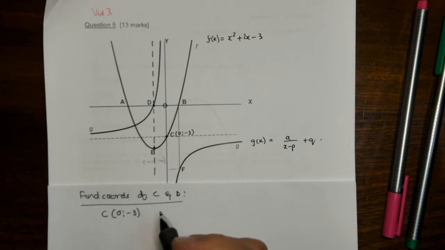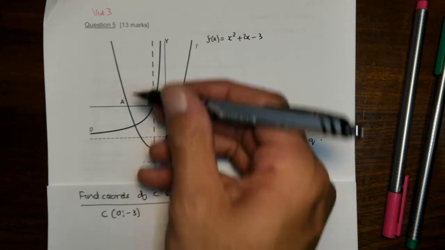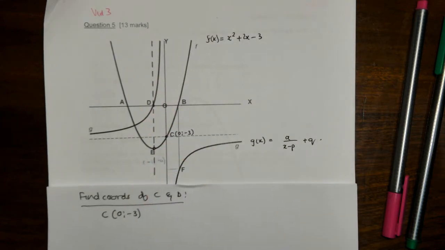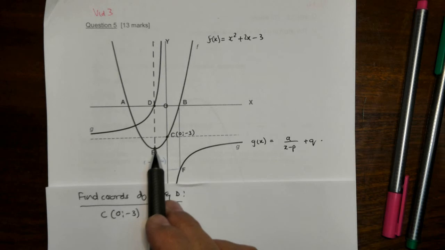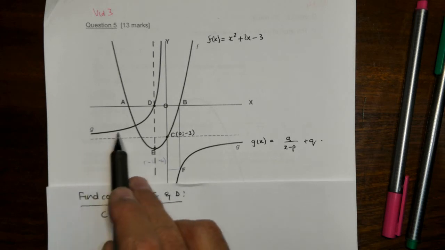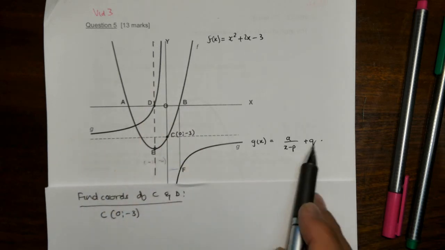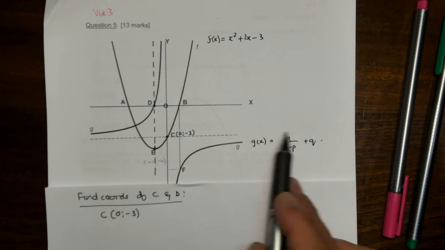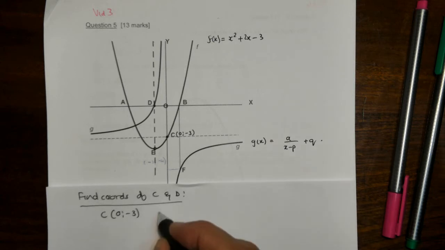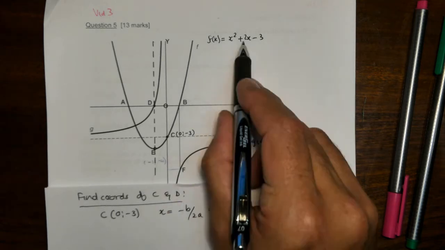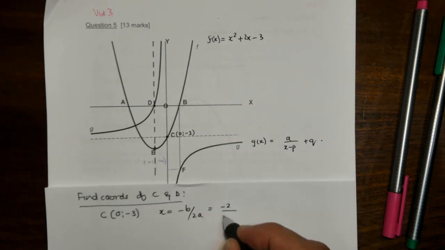To find the point D, D lies on the axis of symmetry of the parabola. Here, it's the x-intercept of the hyperbola, but I don't have the equation for the hyperbola. So I'm going to say x is equal to minus b over 2a. b is 2, so it's minus 2 divided by twice a, which is minus 1.